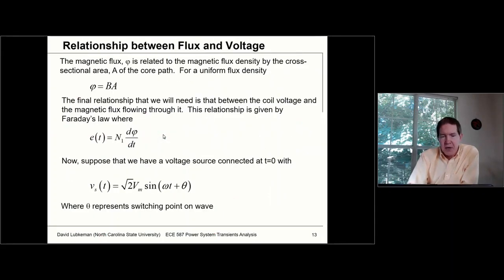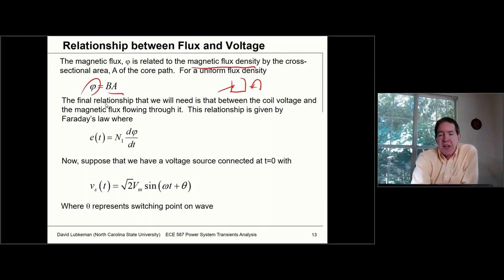So we want to have some quantitative relationships, and the way we start this off is we assume that this magnetic flux density B is uniformly distributed across the cross-sectional area of this core. So if I take a cross-section of the core, B is going to be the same everywhere within the core. And what this means is I can model the flux that's flowing by B times A.